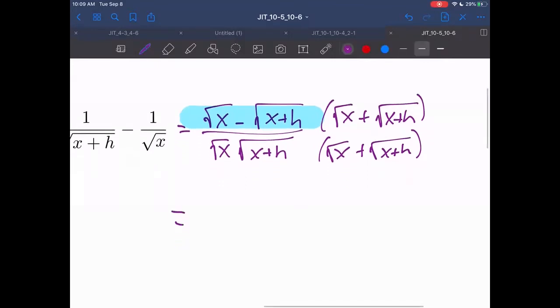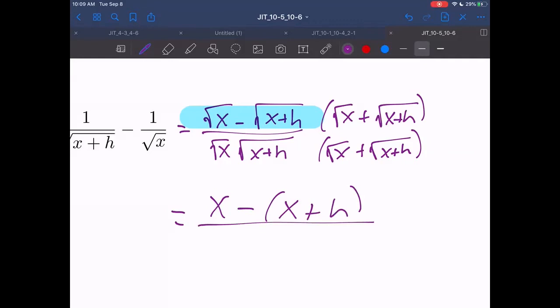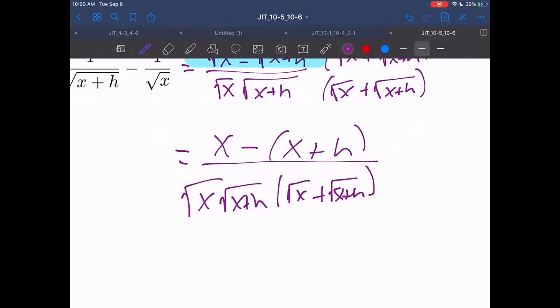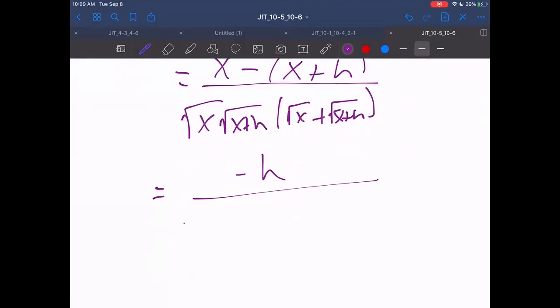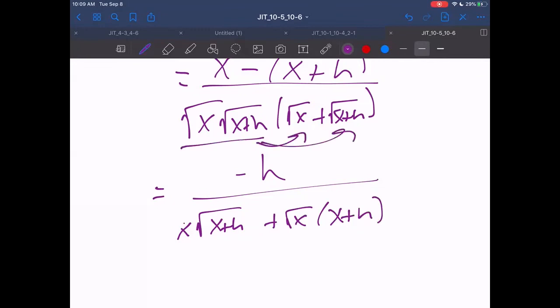All right, so that should give us x minus x plus h over root x plus h times root x plus h, which gives us just negative h over x root x plus h plus root x times x plus h, if we distribute this to both these terms.